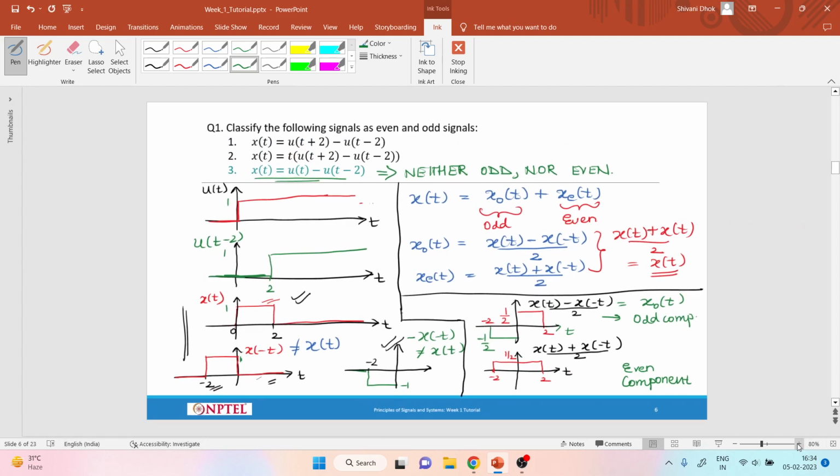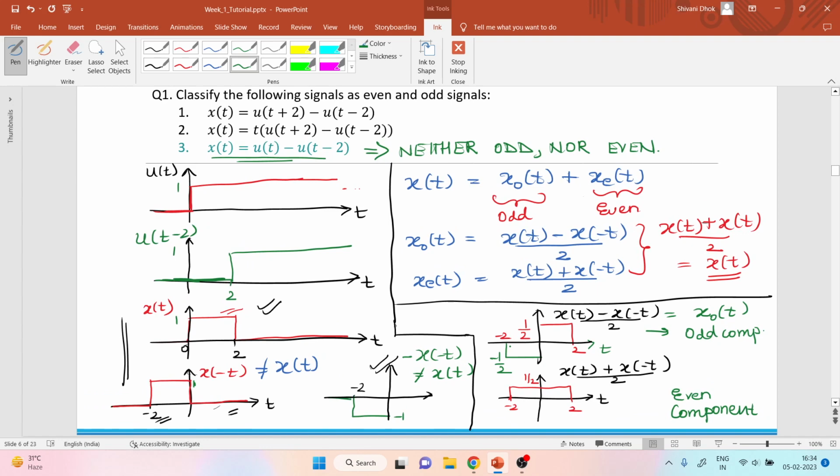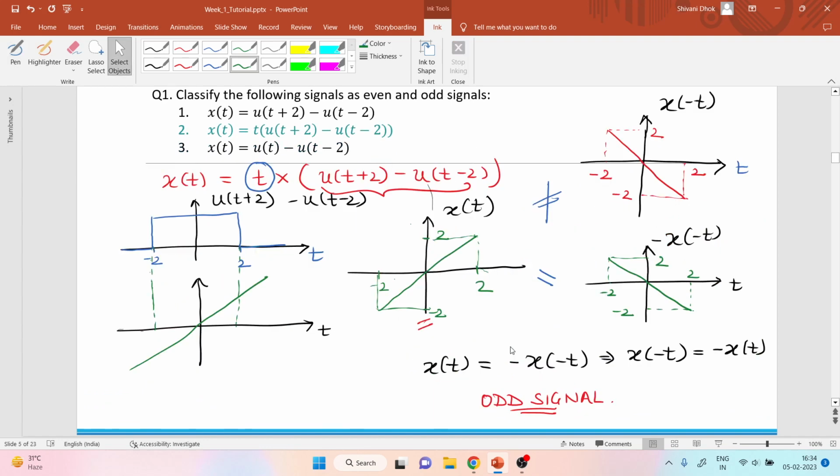Madam, can you go back to the previous one, a second problem? Yeah, sure. Here, is there any x of t is equal to minus x of minus t? Yes. Which implies x of minus t is equal to minus xt. Is it correct? Look at the diagrams.